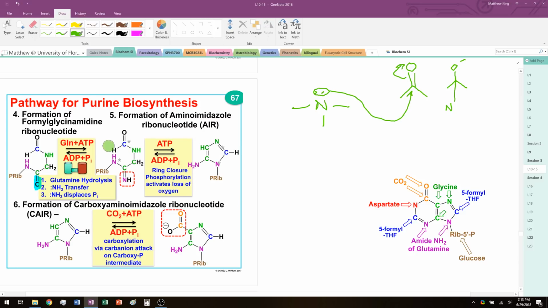The reason why this required ATP is because we also had to deal with this carbon double bond to nitrogen down here, and to deal with the carbon double bond to nitrogen, you're going to have to add water, and then closing the ring subtracts water. You're going to precipitate one water molecule out.